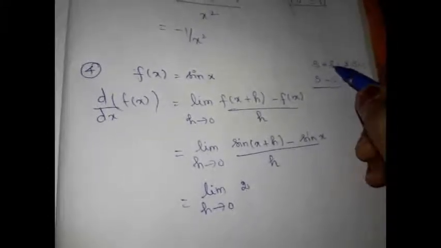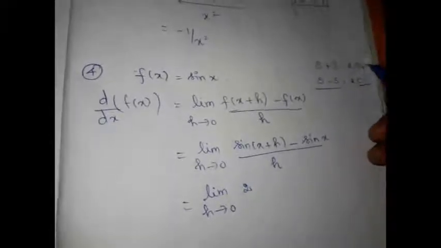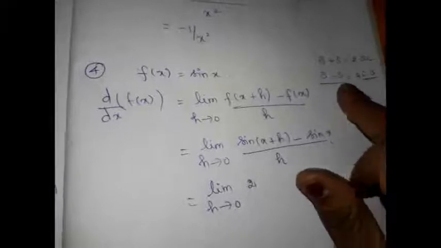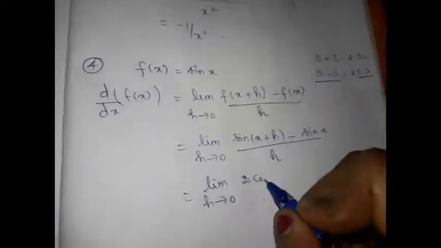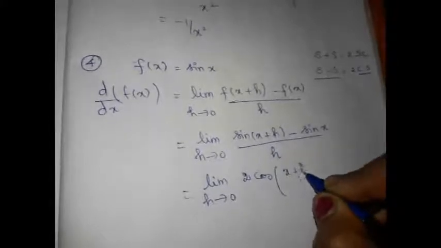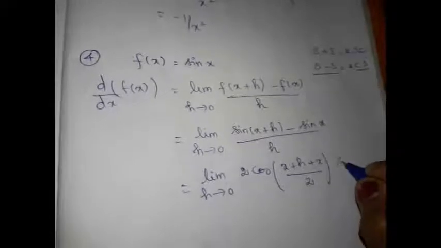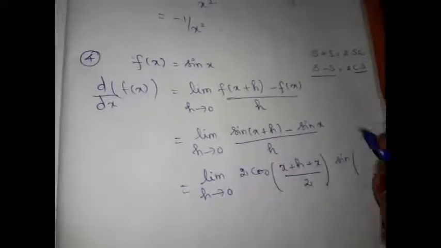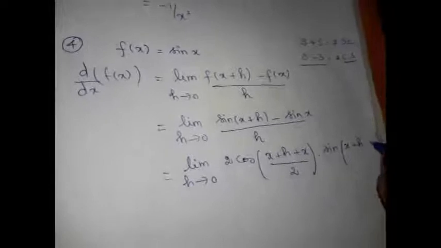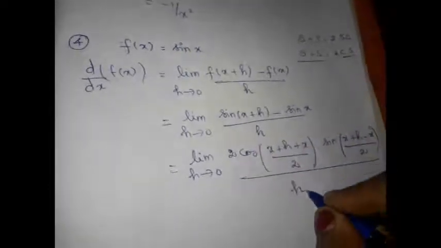If it is sin A plus sin B, we write 2 sin((A + B)/2) cos((A - B)/2). The same way here, 2 cos((A + B)/2) sin((A - B)/2), where A is x + h and B is x. So we get sin of [(x + h - x)/2], the whole divided by h.